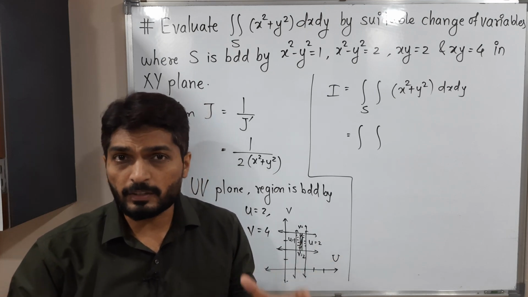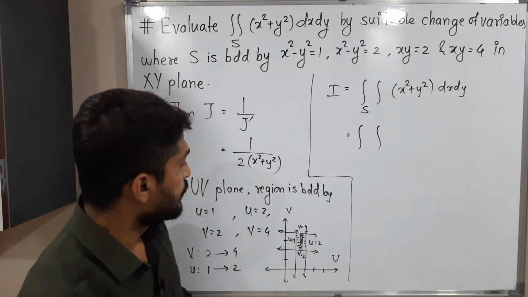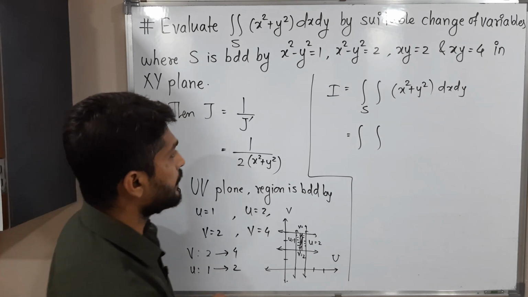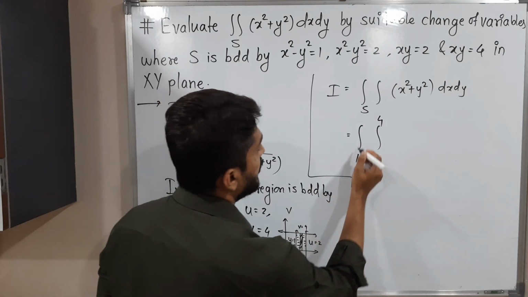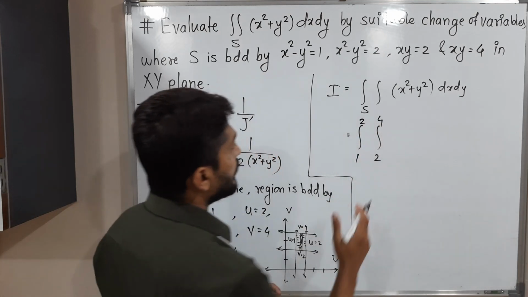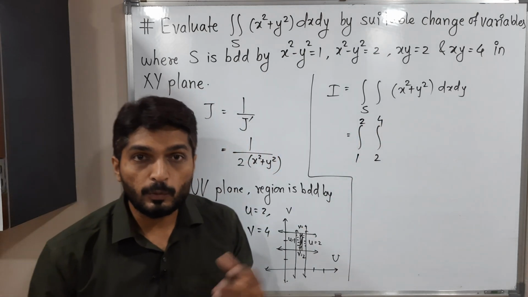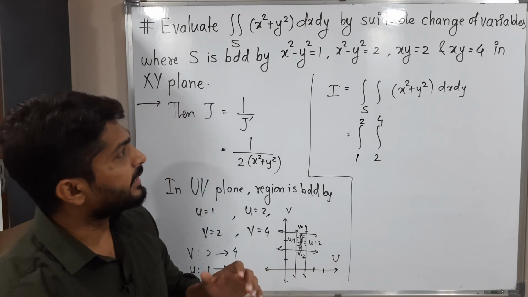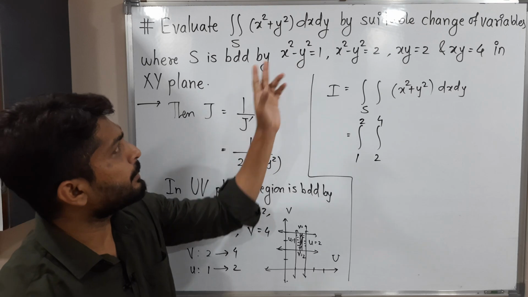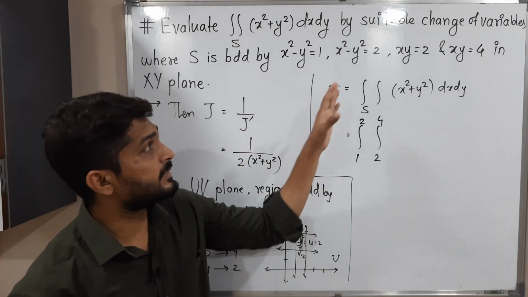So I should write everything in terms of u and v now. So as you can see here, the limits of v are 2 to 4 and the limits of u are 1 to 2, getting? So here x square plus y square, I am supposed to convert it in terms of u and v, but see, it's a very difficult task since x square minus y square is our u and xy is v.